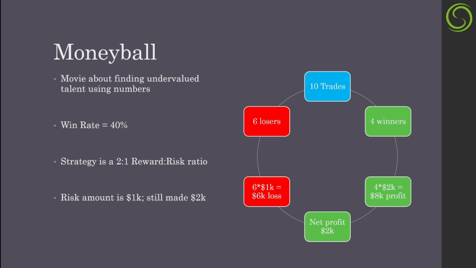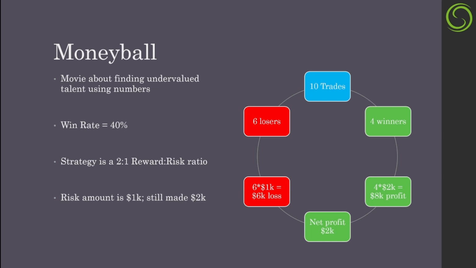Let's say we took 10 trades, with 4 being winners, as that would be a 40% win rate. The 4 winning trades times $1,000, which is the R, and your reward, 2, would generate $8,000 in profits. And the 6 losing trades would generate $6,000 in losses.